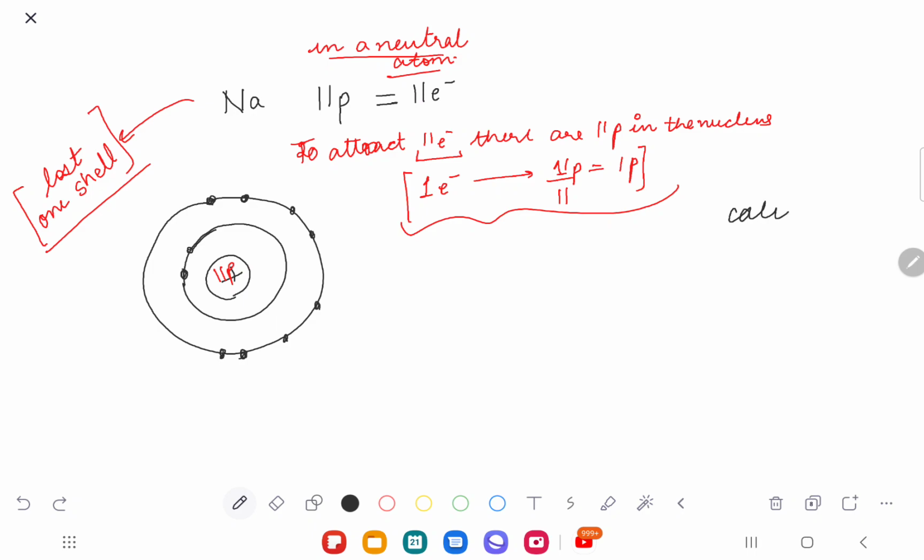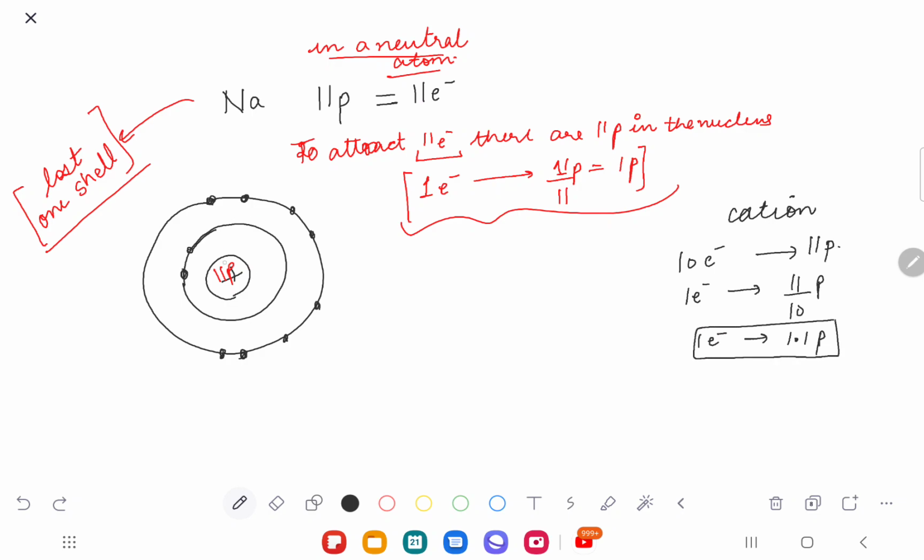In a cation, there are now 10 electrons, but they are getting attracted by 11 protons. So every electron will be attracted by 11 over 10 protons. Don't you think there is exactly 1/11th of an extra proton?